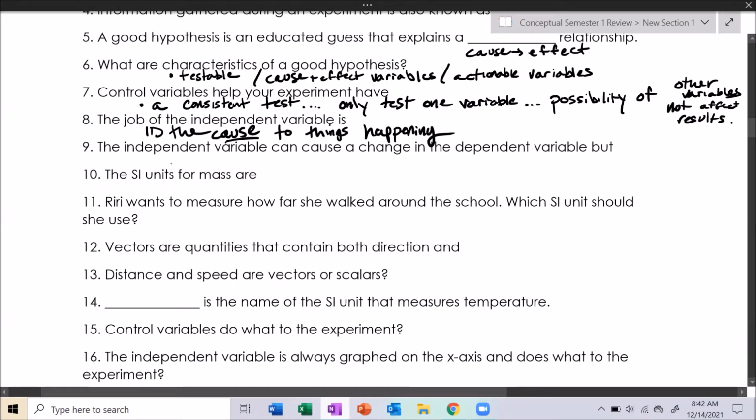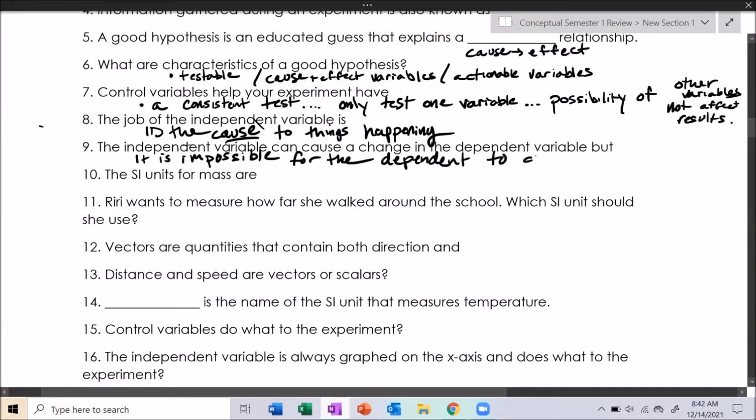All right, so we talked about the job of the independent variable. The independent variable can cause a change in the dependent, but the dependent can never cause a change in the independent. It's impossible for the dependent to cause a change in the independent.